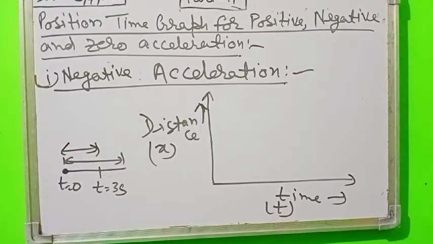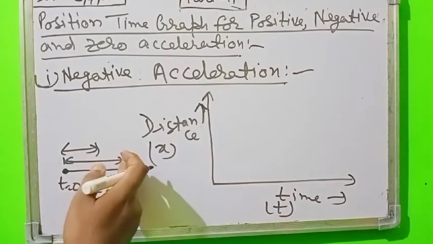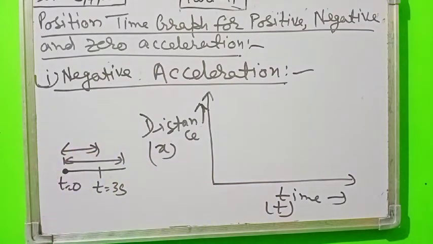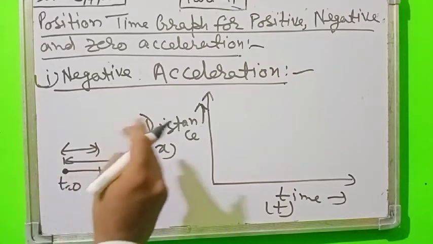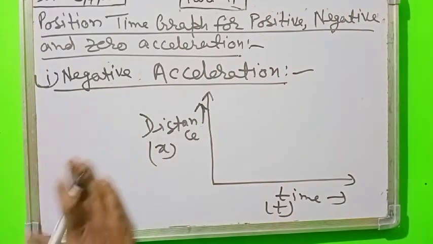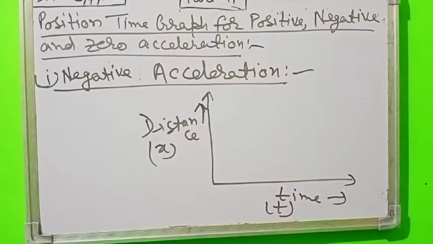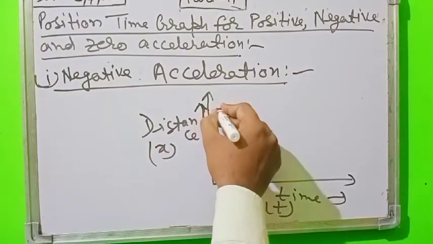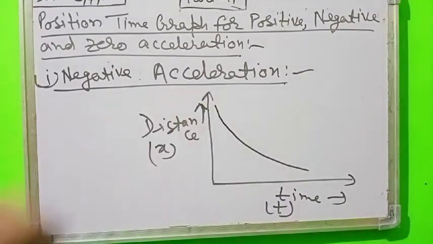Means with the increase of time, the distance covered by the object is reducing. With the passage of time, the distance covered is less. So this is the case of negative acceleration or retardation. So in this case, the graph is like this.